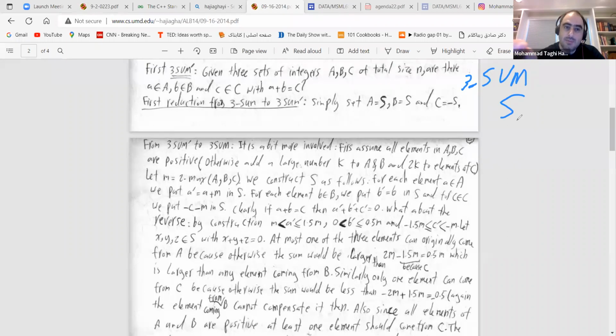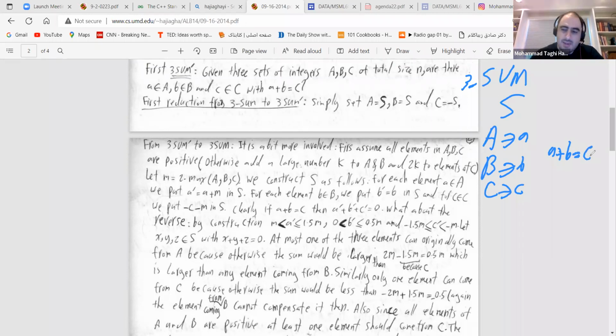We have another problem, three-sum prime. What is that? Here we are given three explicit sets A, B, and C. And the goal is to find a belonging to A, b belonging to B, and c belonging to C, such that a plus b is equal to c.